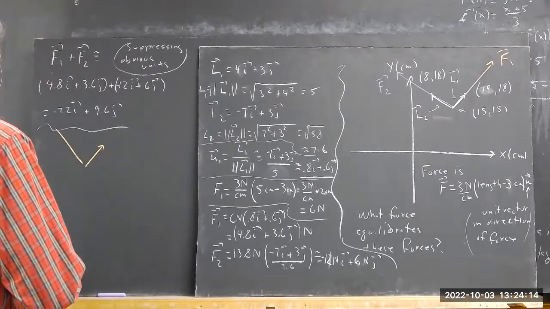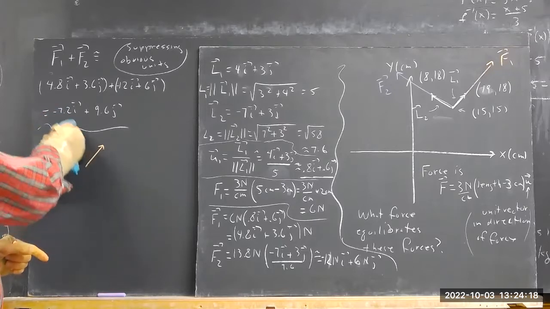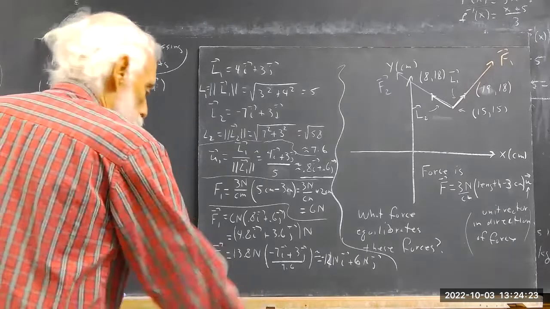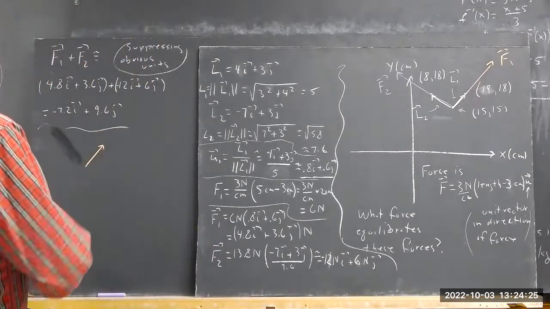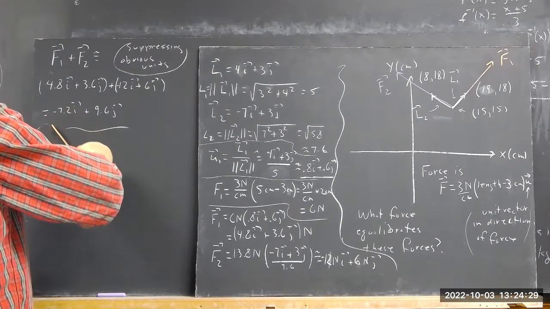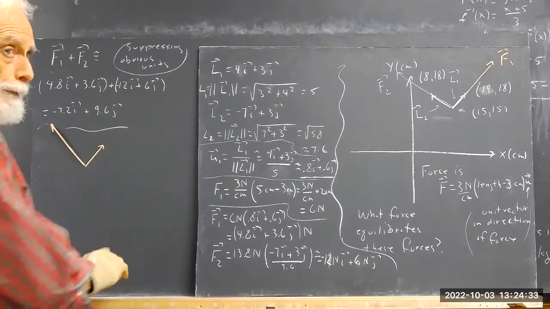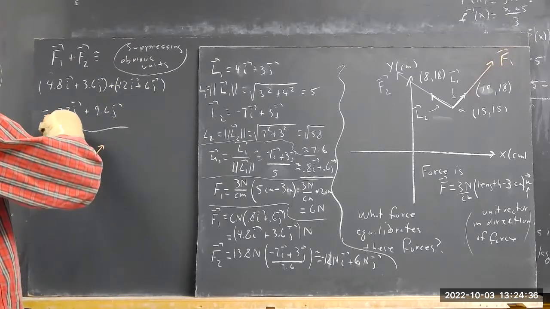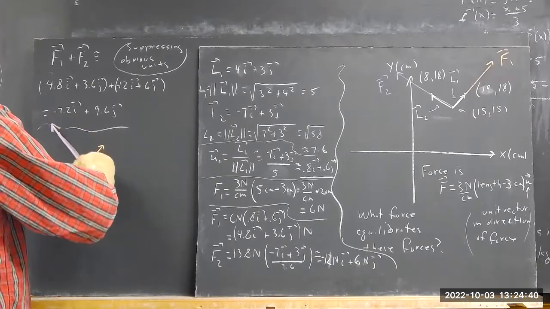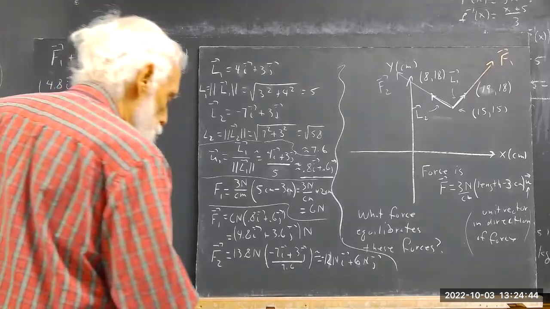I'm making a lot of mistakes today. Okay. So now we've got a vector. It's not twice as long. Okay, here's your F1. Here's your F2. Now we have components.